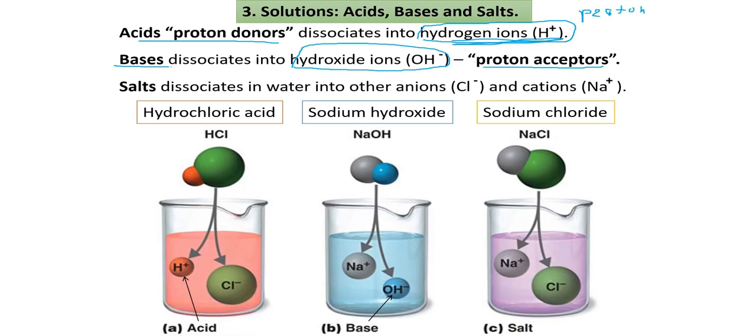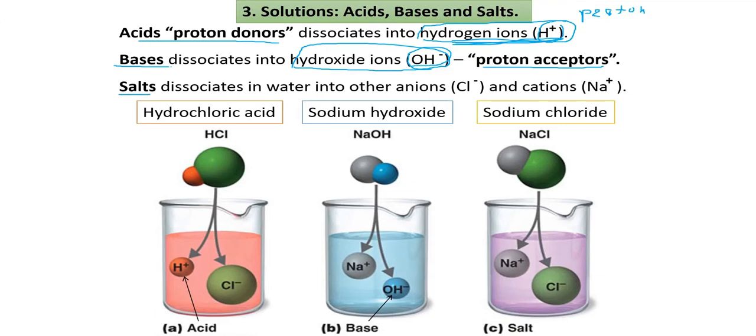And bases are called proton acceptors because they can accept protons. Protons are positive, and bases have hydroxide ions, which are negative. They attract protons.